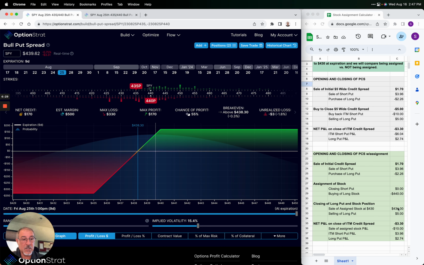If we add all three of these up, it comes out to the same $3.30. So it's the exact same loss whether you got assigned or didn't get assigned. Again, making the assumption, there's so many variables in here, but this is how you would calculate this. So I'm just showing it at expiration.